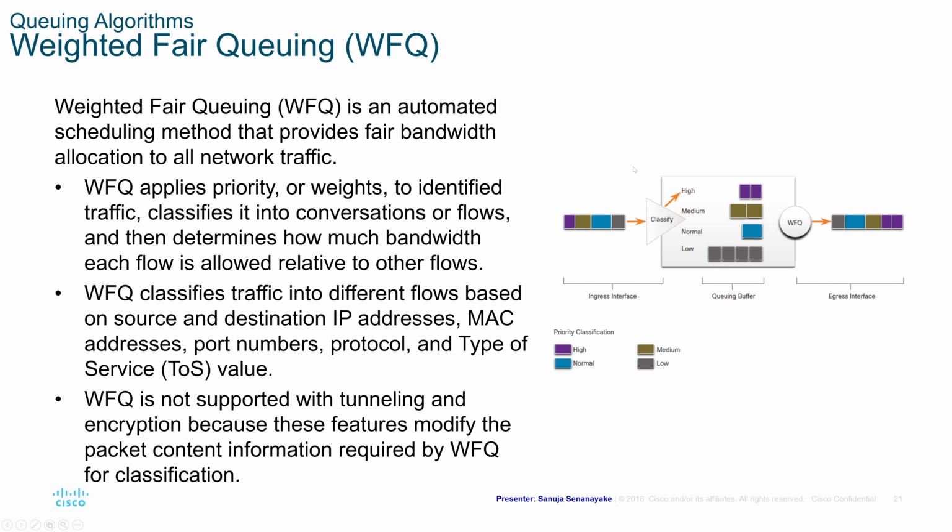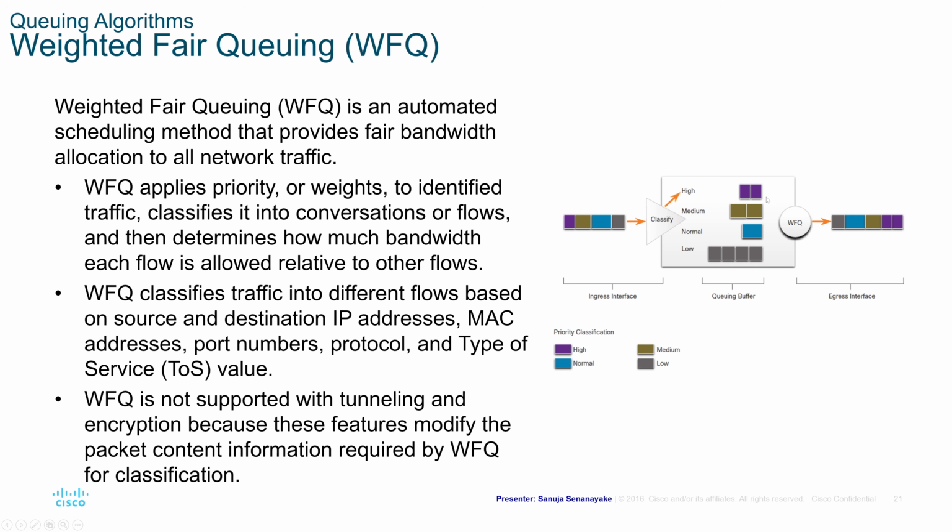On the right hand side, we have an image describing how weighted fair queuing works in an easy way to remember. You have a data stream coming in with priority classifications of high, normal, medium, and low. The high gets classified into the high stream, the medium into its own stream, and normal, and so on.